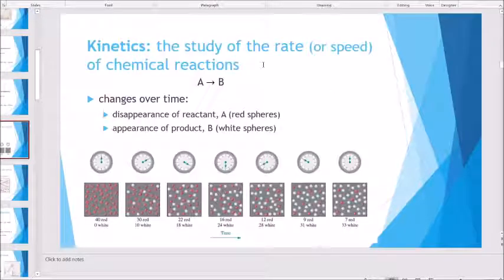We can also measure the conversion of reactants to products over time, and this is called kinetics, or the rate of a reaction. Here we have a reaction A goes to B, where each red sphere is A and each white sphere is B. As you see, to start, there's completely all reactants, and over time, the reactants begin to convert to products.